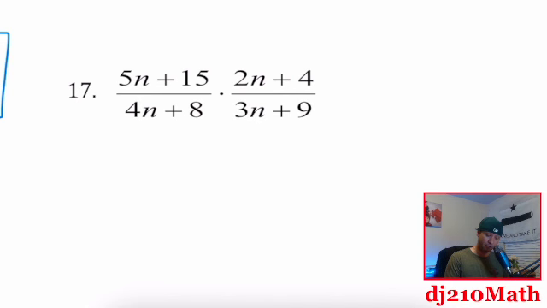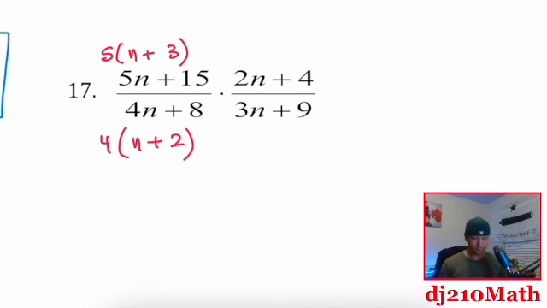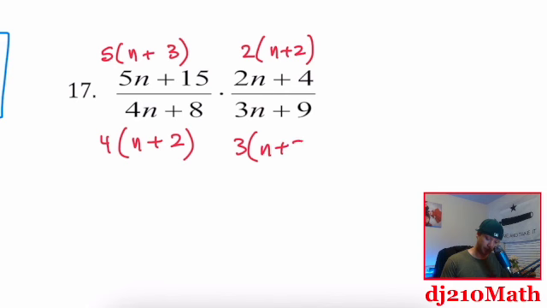So 5 and 15, I could take out a 5: N plus 3. Bottom left, 4 and 8, I could take out a 4: N plus 2. Top right, 2 and 4, take out a 2: N plus 2. Bottom right, 3 and 9, I could take out a 3: N plus 3.